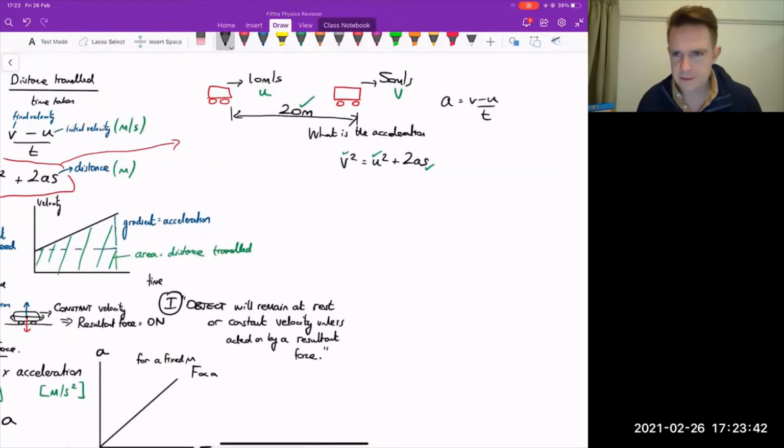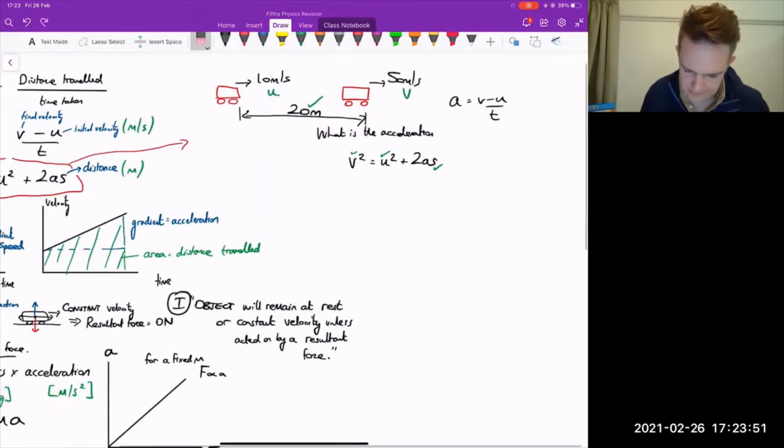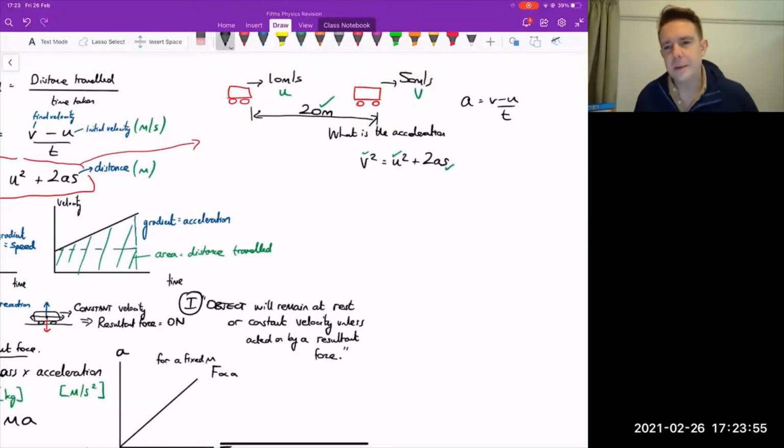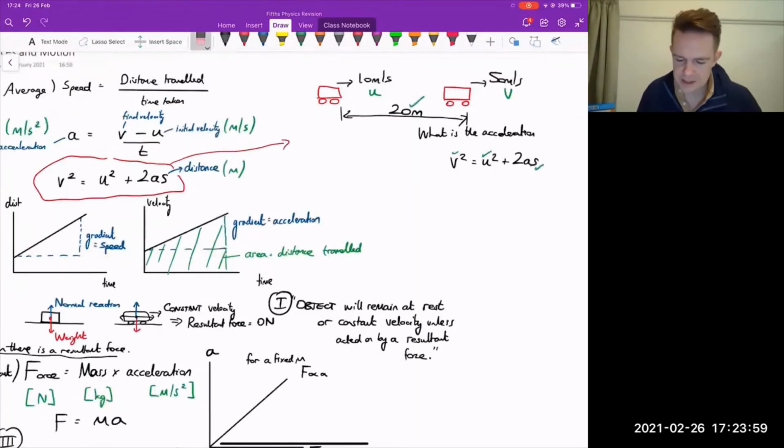If I tell you it's constant acceleration, some of you might see another way of coming up with an answer. But the simplest way is just to use this equation. So you'd have 50 squared equals 10 squared plus 2a times 20.